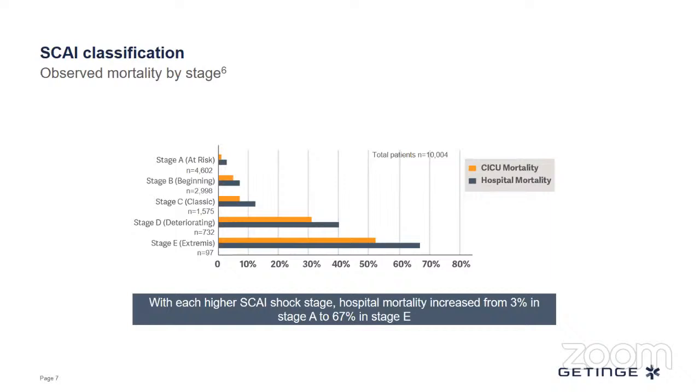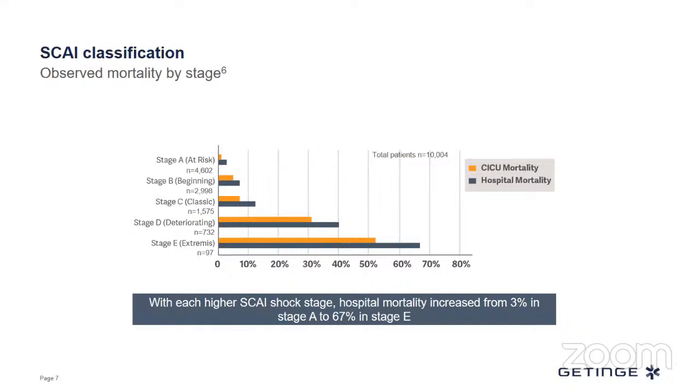What they found was mortality increased from 3% in stage A to 67% in stage E in the patient group, and this supported the validity of the SCAI classification system for mortality risk stratification as a framework for future clinical practice and research.